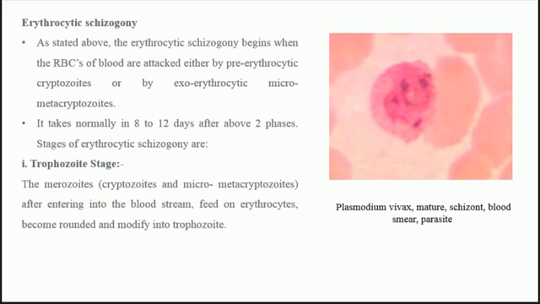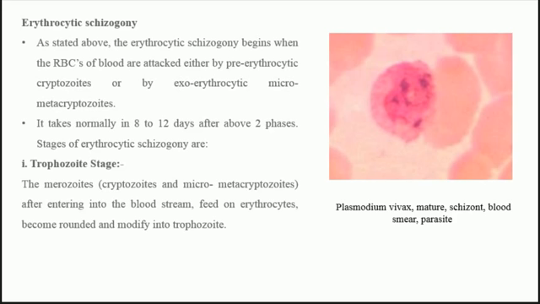After the finishing of exo-erythrocytic Schizogony, the micro-metacryptozoite enters the RBC, and it normally takes 8 to 12 days after the completion of the two phases, and then the erythrocytic Schizogony starts. And during this erythrocytic Schizogony, there are several stages that take place.